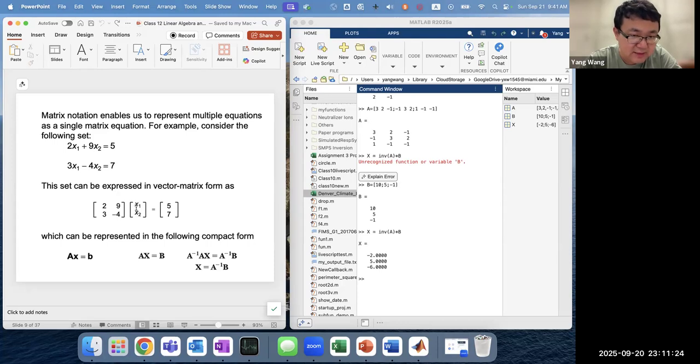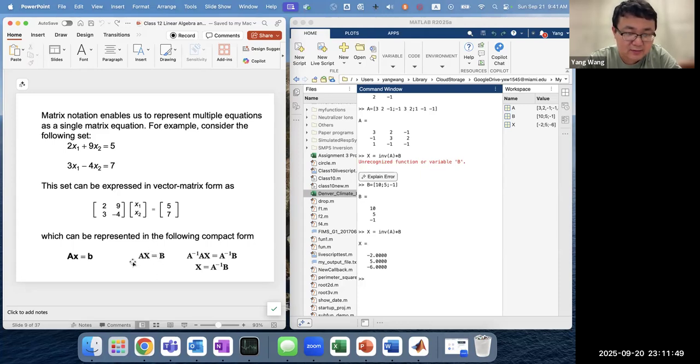You can name this term x, which includes x1 and x2, and that equals 5 and 7. So you can simplify this calculation into Ax equals b. Note here that A is a matrix, x is a vector, and b is also a vector.